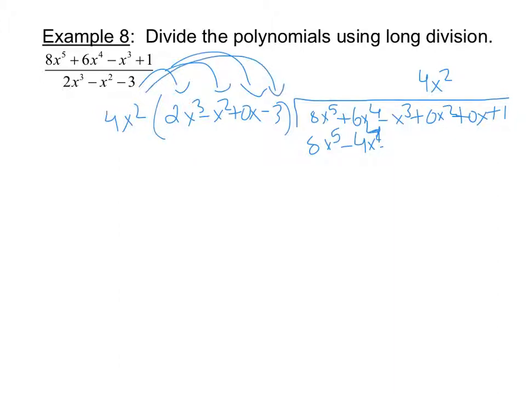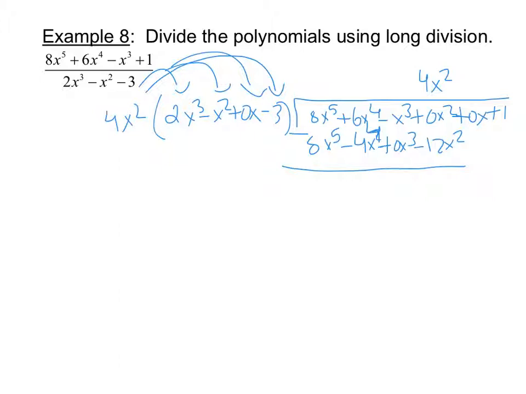Then we gotta go here. It's plus 0x to the third, because 4 times 0 is 0. And 4x squared times negative 3, negative 12x squared. Subtract.